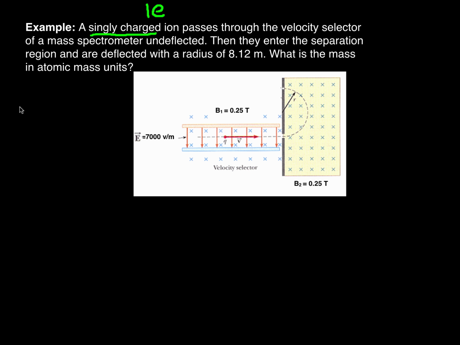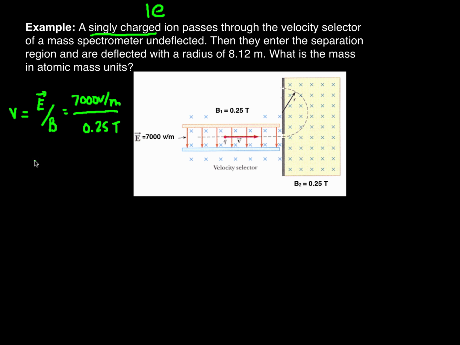We'll start by determining the velocity given by the velocity selector. The velocity of a particle that's undeflected through the velocity selector is equal to the electric field strength divided by the magnetic field strength. This is 7,000 volts per meter divided by 0.25 teslas.